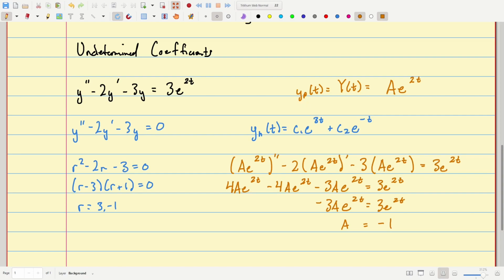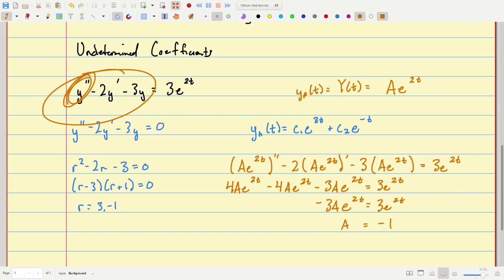Okay? So what you would do, of course, is plug this into the equation here to see if it gives you the answer. If we plug it in, we're going to get 4e to the 2t for this, right? And then negative 2 times negative 2 e to the 4t minus 3, right?